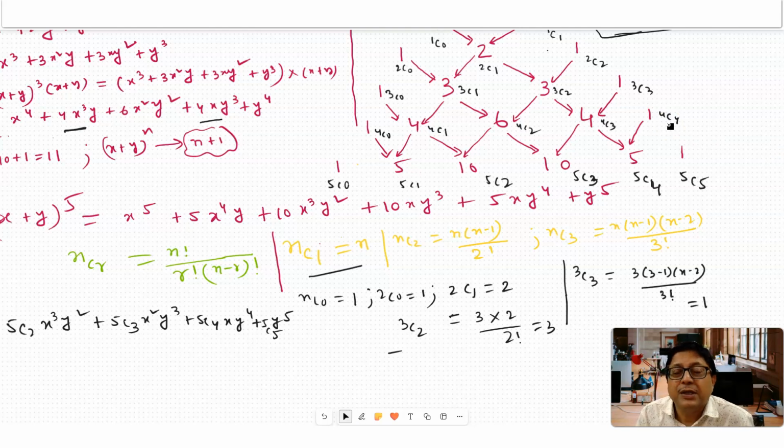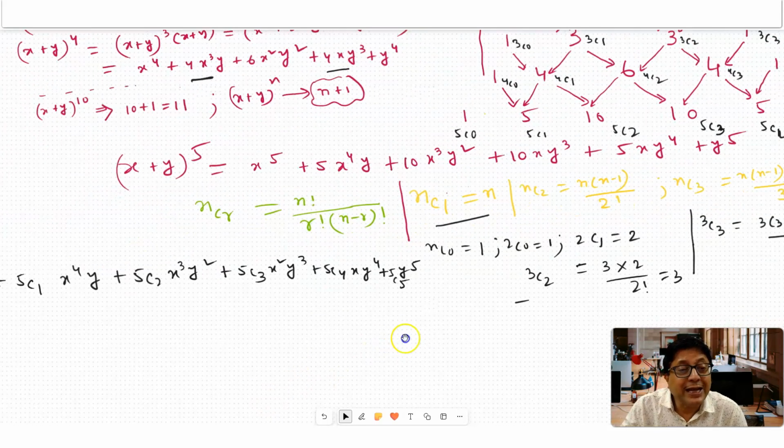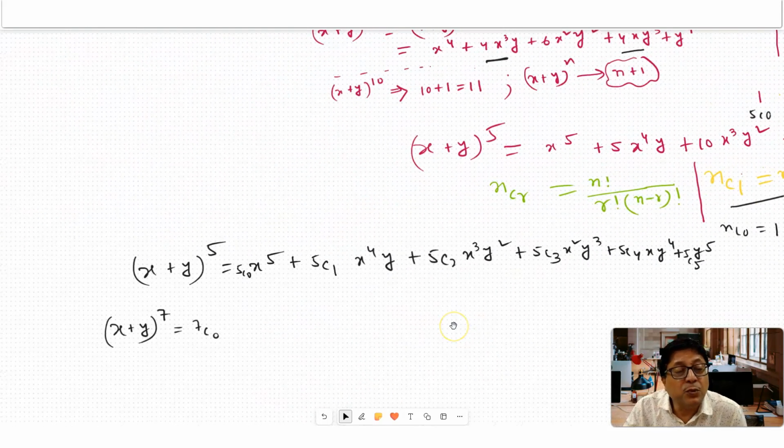They are equal. This time it's second from the beginning and this one second from the end. They are equal. So equidistant terms have equal values. This also we'll keep in our mind in binomial expansion. Okay. So let us write the expansion of (x + y) to the power 7.